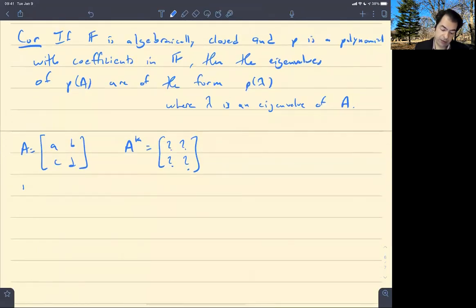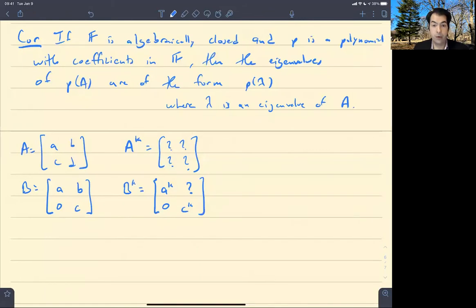But if your matrix, let's say, was B, let's say it's upper triangular, then B to the K, well, this term is just going to be A to the K. This term is just going to be C to the K, and who knows what that one is, right? That's going to be something more complicated. I mean, we could work it out, but it's going to be something more complicated.